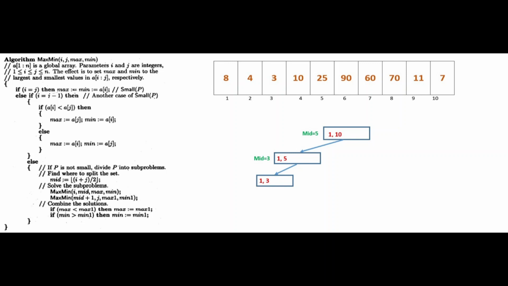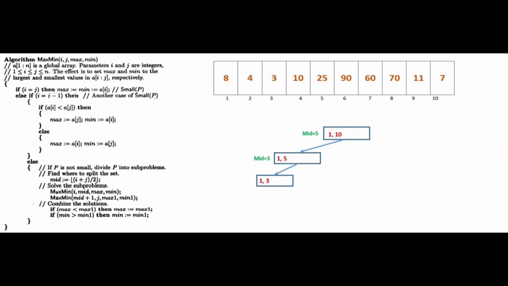At the beginning of the algorithm, it checks whether the problem is small or large. If i is equal to j, then we can say that the problem is small. i is not equal to j, 1 is not equal to 3. Second case of smallest problem: if i is equal to j minus 1. i is not equal to j minus 1.